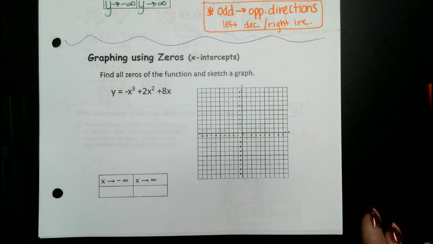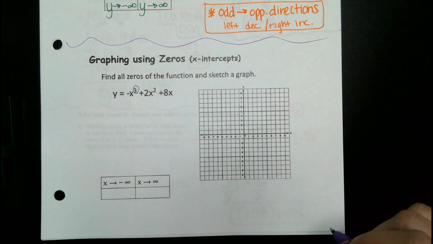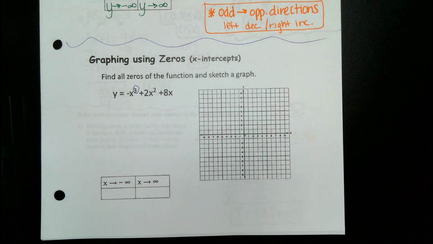All right, so then this last one, it is odd again. So we know they're going to be opposite directions. However, do we go low to high or high to low? High to low.